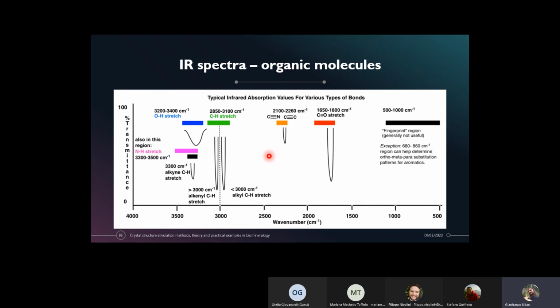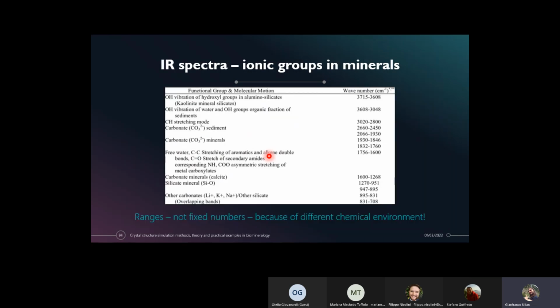This is for organic molecules, but we can say the same thing for minerals. Okay, this is an example of different functional groups or molecular motions in different kinds of minerals. You can see here the carbonate ion CO3 in sediments, and you can see here that these modes may fall in this range, but in minerals it is different.